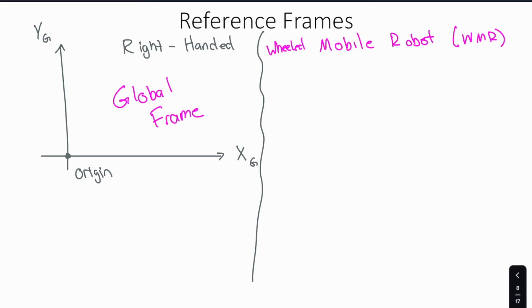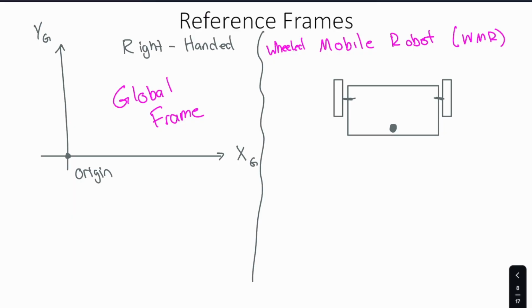To start with, I'll just draw it in this direction. So here's our WMR. It has two wheels. This is a differential drive WMR. It has two wheels and a caster ball.